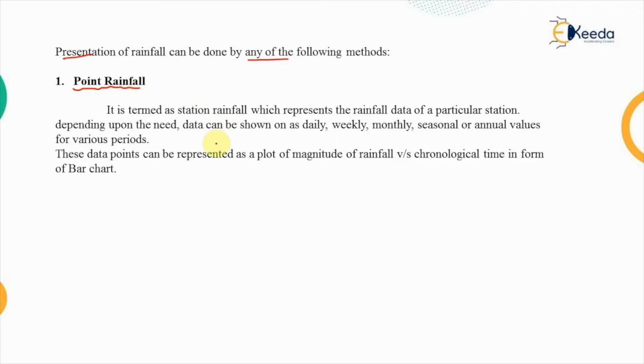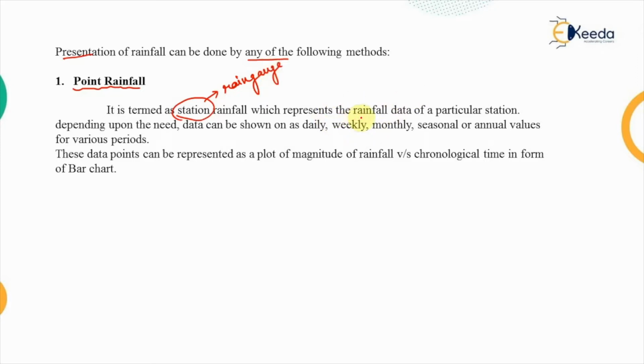Now what is this point rainfall? As we know, there is one station in a representative area, and that station is installed with a rain gauge which records the rainfall.